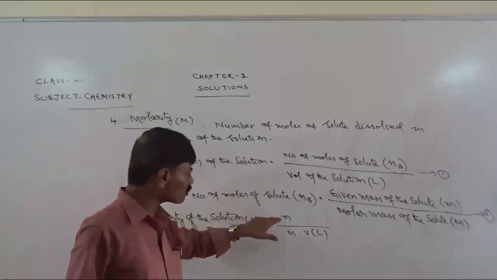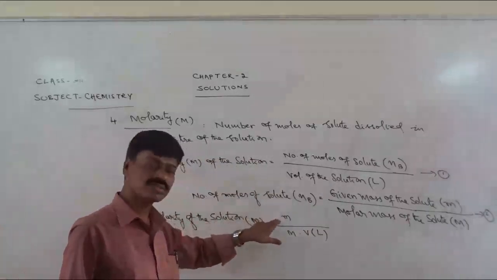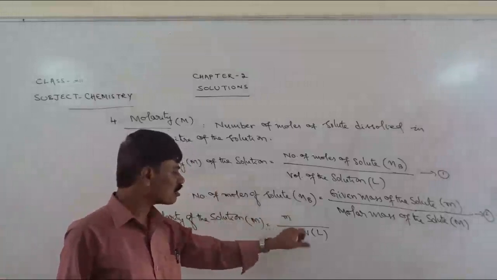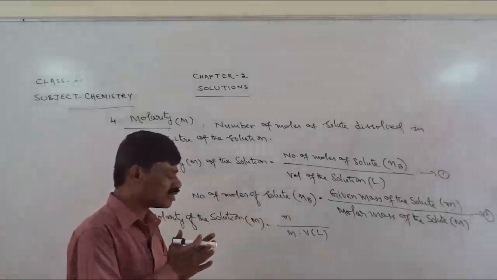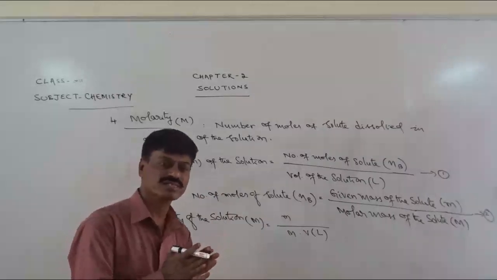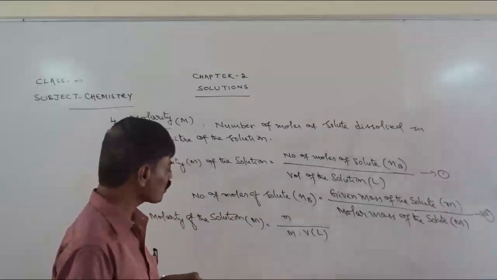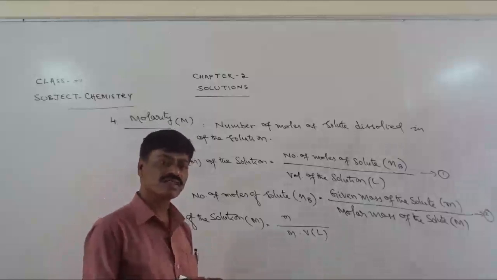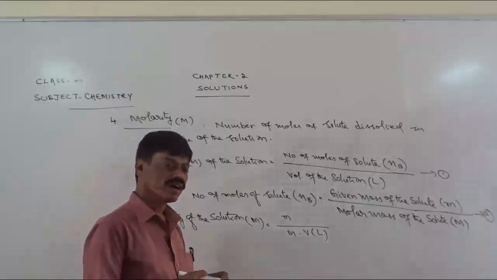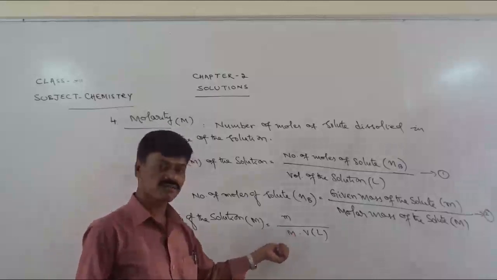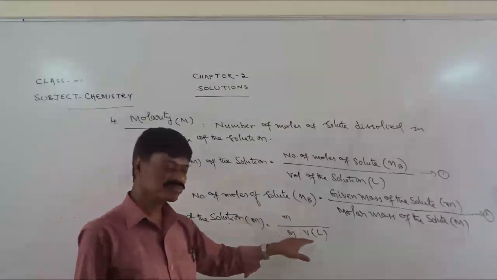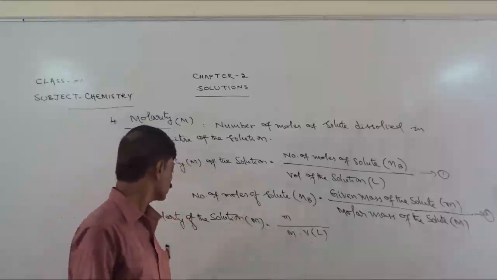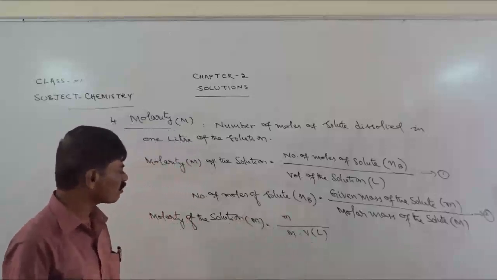Here, mass of the solute and volume of the solution are the two variables, and capital M is the molar mass of the substance. Just by adding the atomic masses of the given substance and then substituting, we will get the capital M value. So the variables are small m, volume of the solution V, and the molarity of the solution.